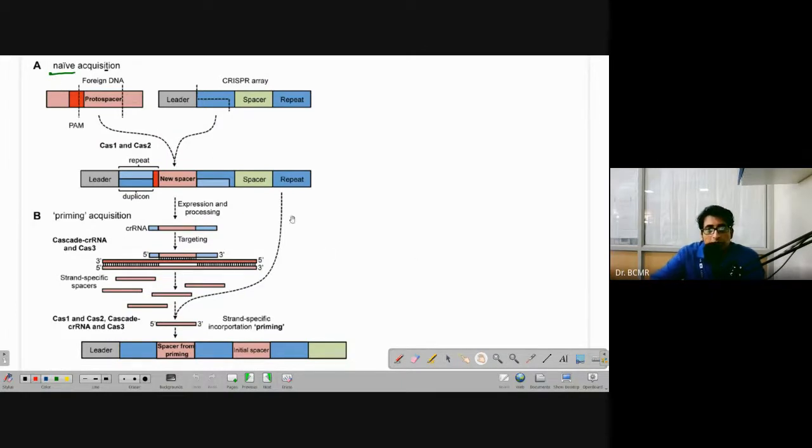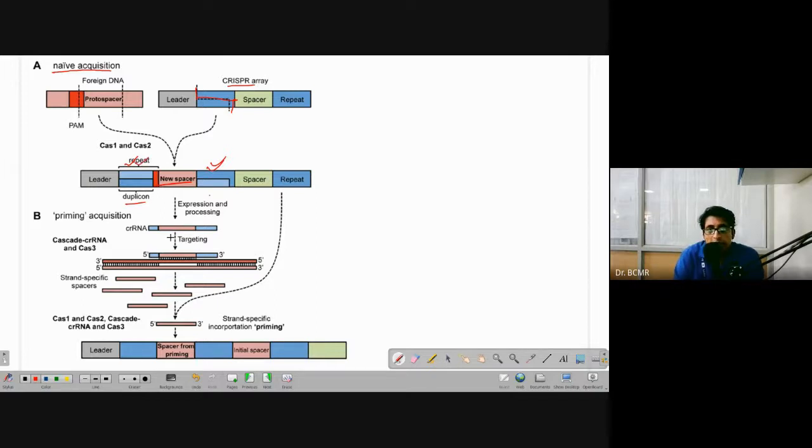This is the first time CRISPR has acquired the protospacer, which you call naive acquisition. That's the first time the bacterium was experiencing that particular phage. Then we have the CRISPR array, and basically it is cut here and here, and we have a repeat duplication happening. So the new spacer is here, and the repeat has been duplicated.